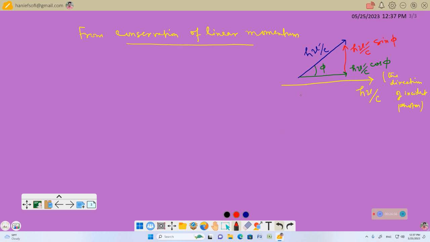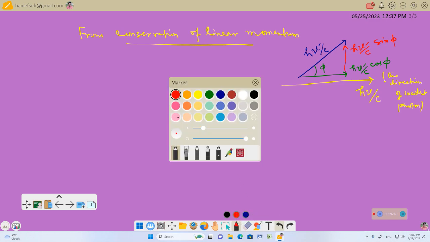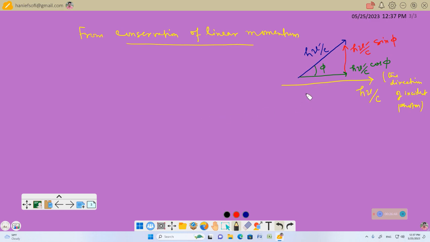What about the scattered electron? Let me use another color for that. For the scattered electron, its momentum is p in the direction which makes angle theta with the incident direction of the photon.